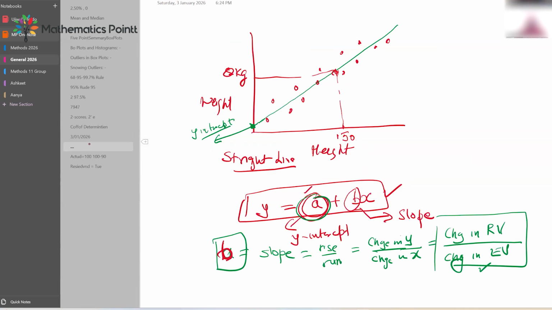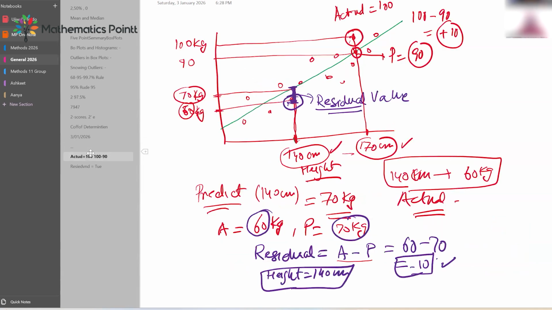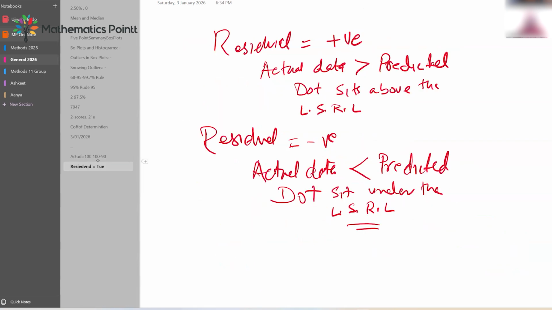B is my slope, not A. And there's something called residuals. So if my residual value is a positive value, that means my data is sitting above the line. If my residual is negative, my data is sitting under the line. All good? Clear? All right? All good.